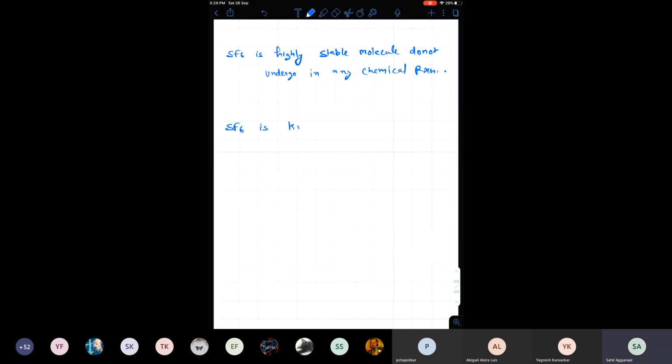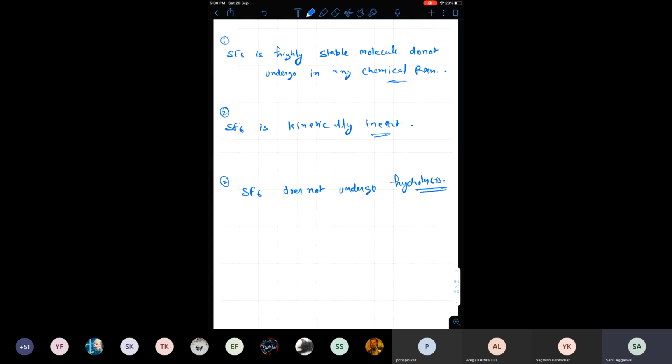SF6 is kinetically inert. This can be the statement. SF6 does not undergo hydrolysis. This can be the statement. ये तीन तरह से क्वेश्चन आ सकता है. It is highly stable, does not undergo any chemical reaction. It is kinetically inert. It does not undergo hydrolysis. Question can come in these three forms.